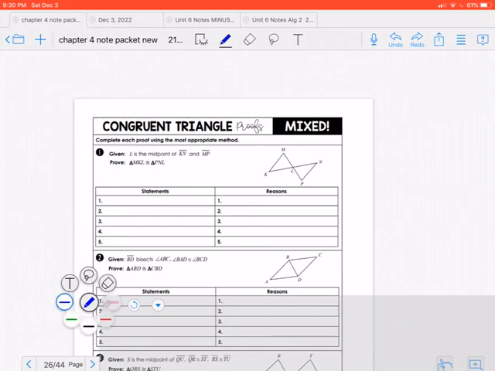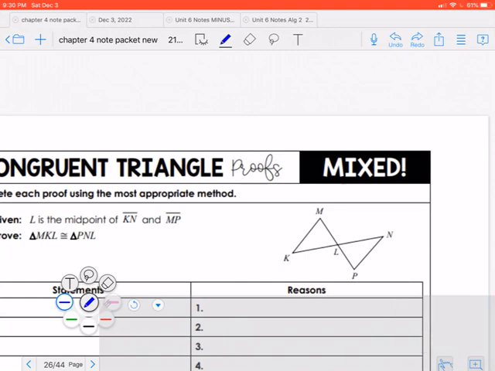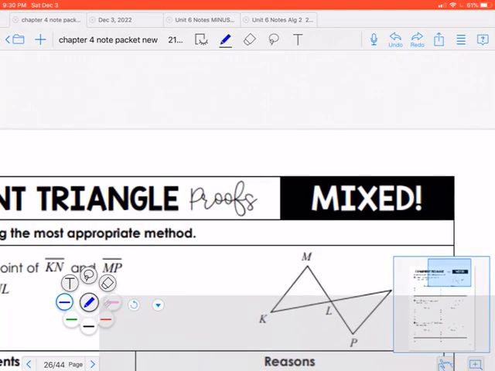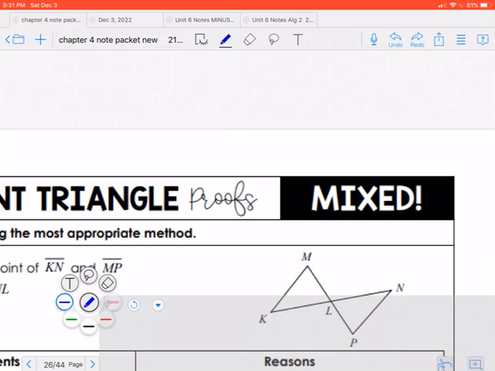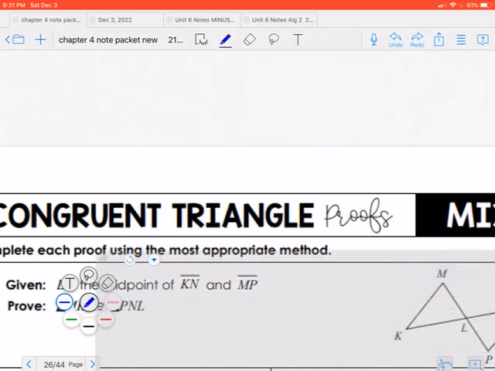Now, these proofs are a mix of all of our different methods for proving the triangles congruent. The ones we've had, or all that there are for us to use. As a reminder, we had side, side, side. We had side, angle, side. We had angle, side, angle.